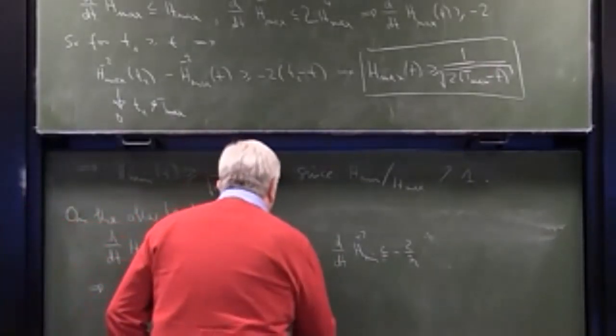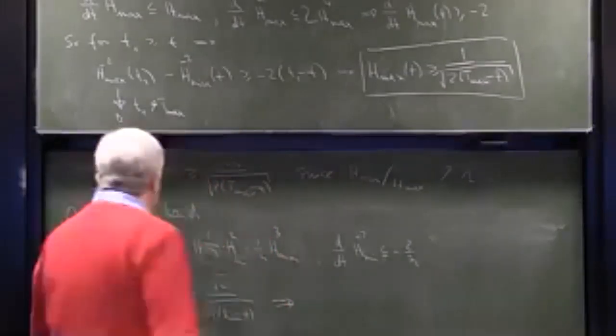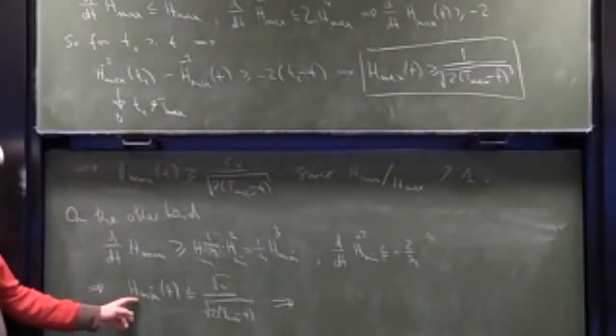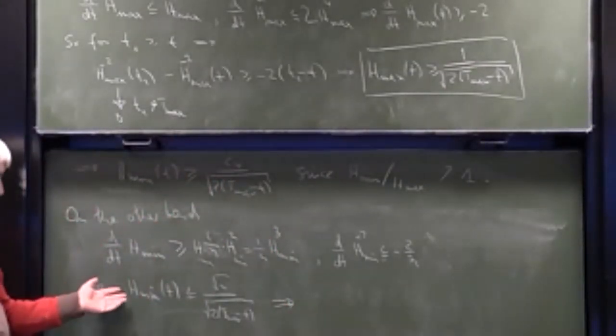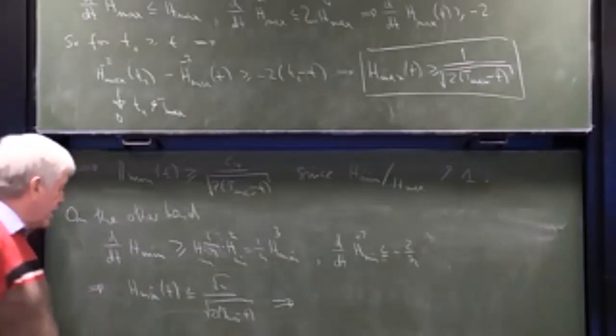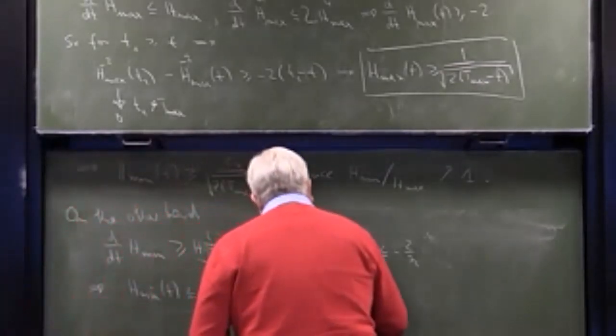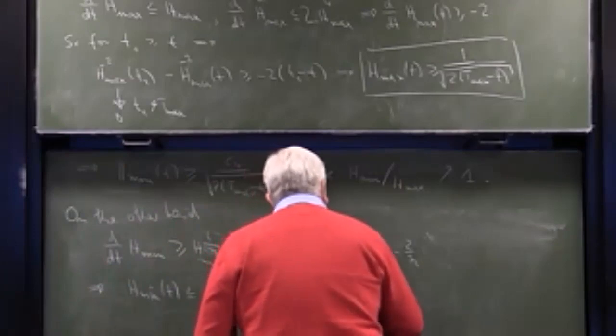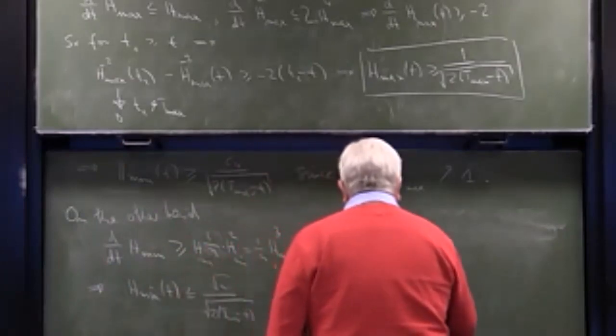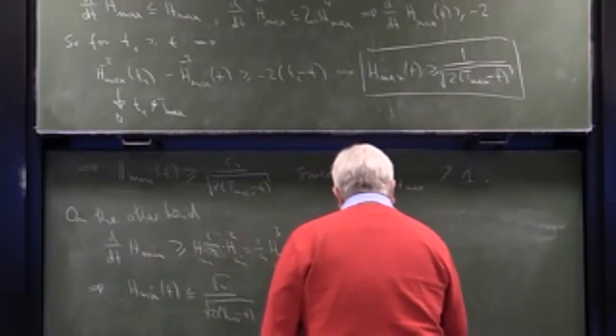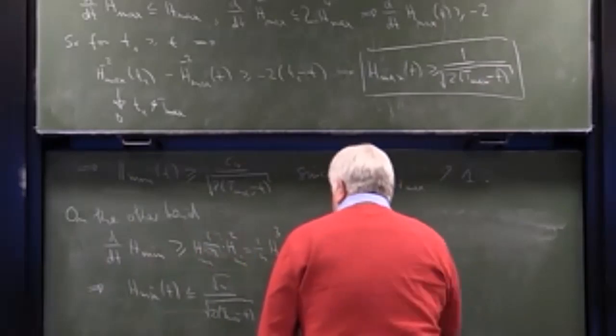But this implies, since H max is bounded by some multiple times H min, because the ratio goes to 1, that H max of T must be bounded by some other constant C5 divided by maybe twice this.